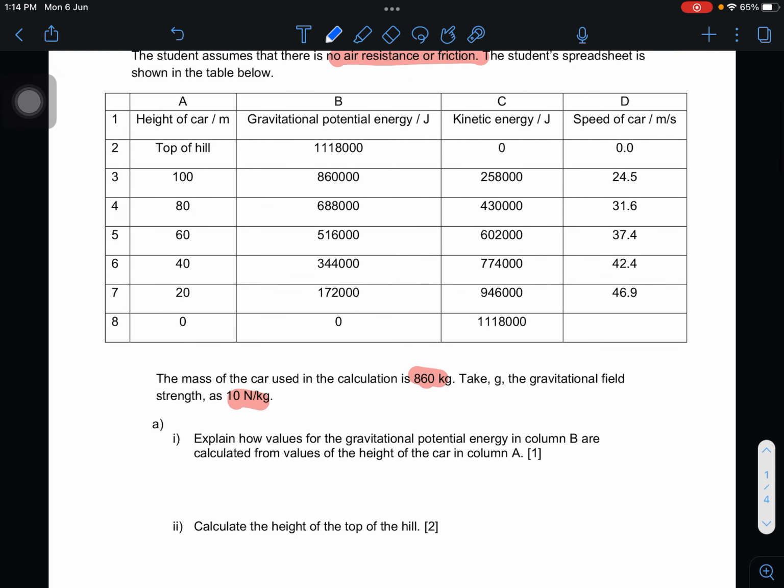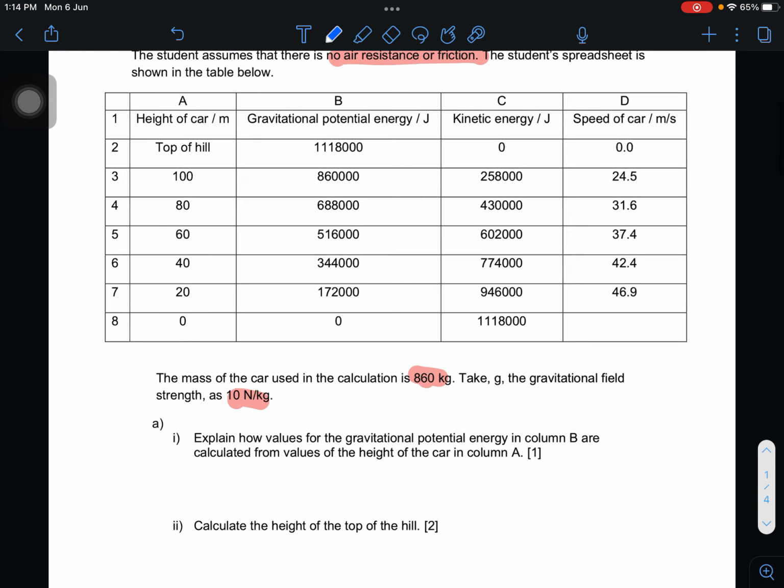Based on the formula mgh, where you need to be very explicit here.